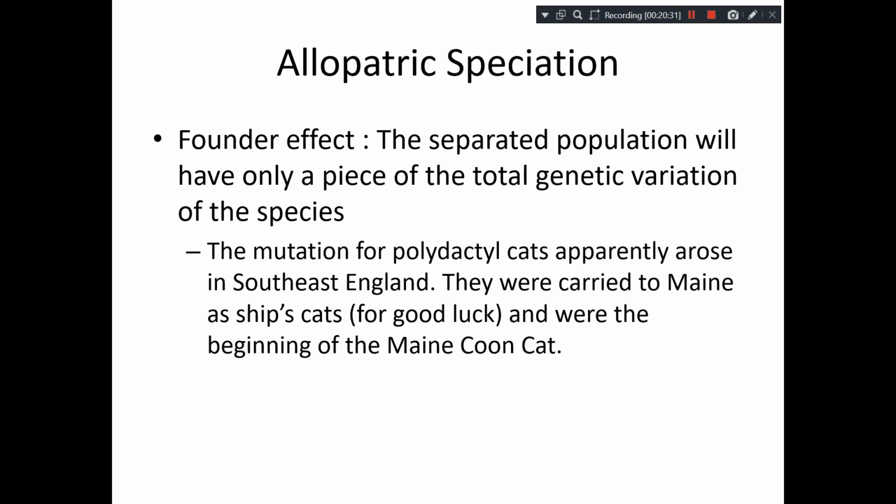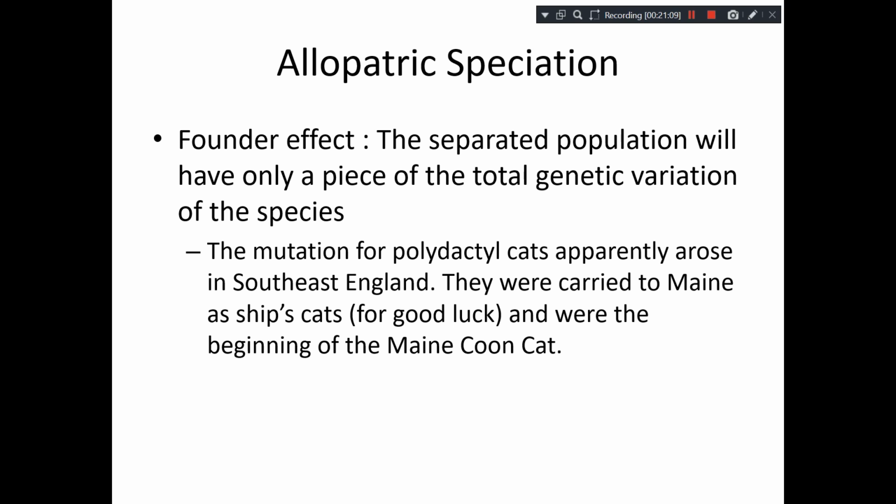Then mutation may occur within this small population with the limited genetic variations that they have carried. To give an example, the mutation of polydactyl cats that evolved in southeastern England. In olden days, the sailors used to keep cats in the ships because people in Europe thought cats bring good luck.